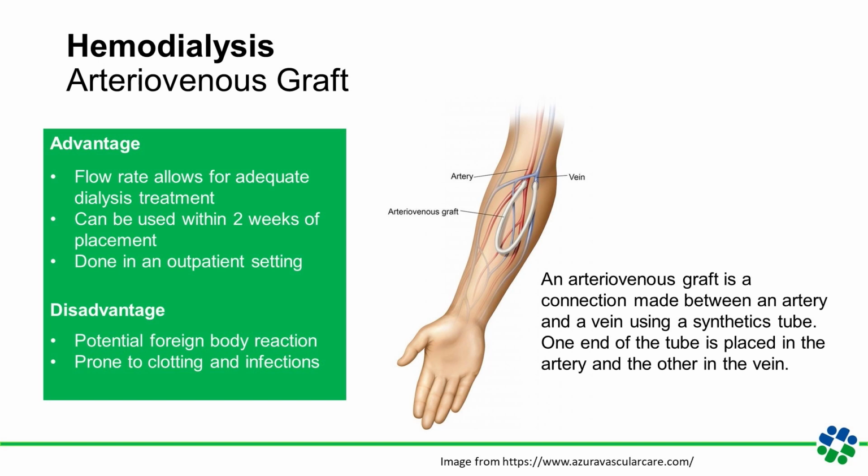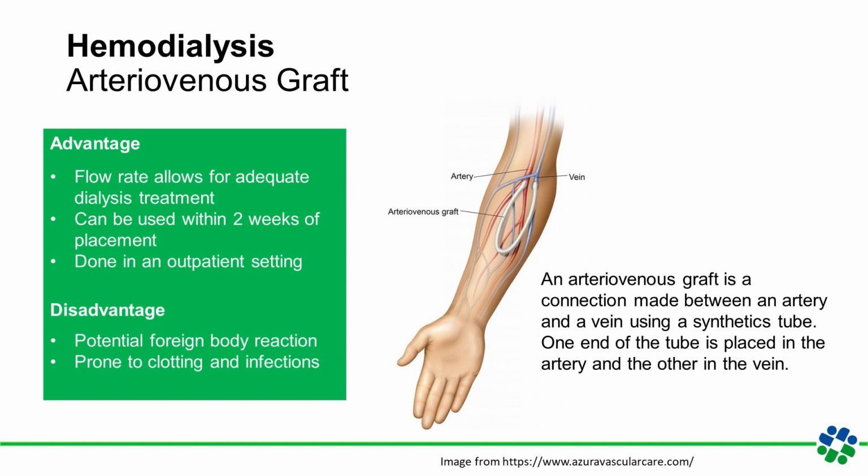Well, the AV graft is another method for hemodialysis access. In this procedure, a synthetic tube is used to bridge an artery and a vein, establishing a high-flow circulatory pathway for your blood. One of the primary advantages of an AV graft is its speed of usability.